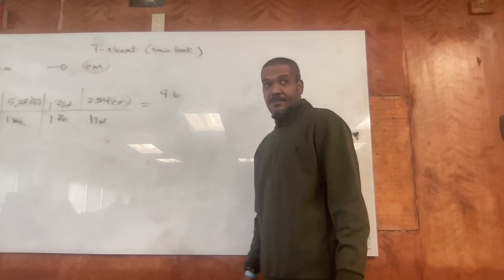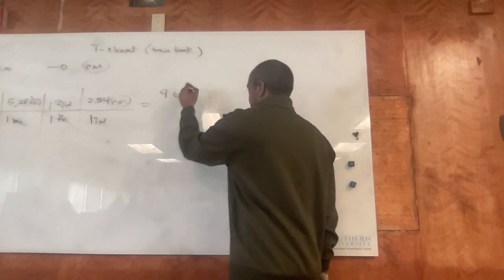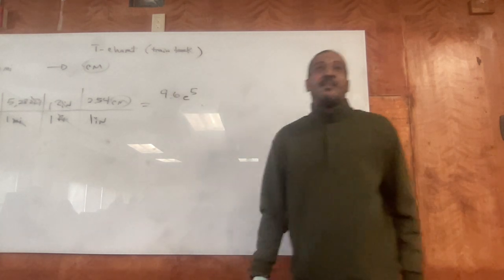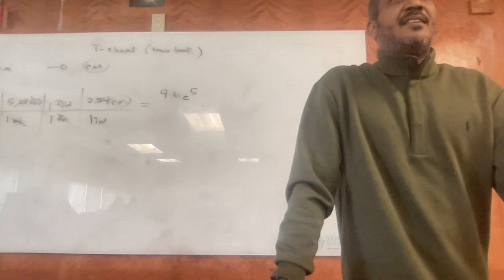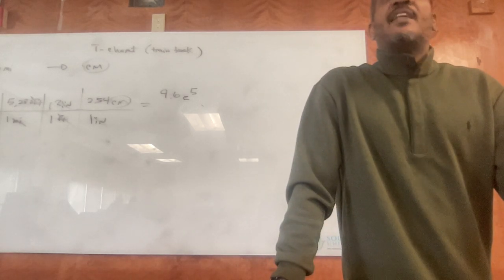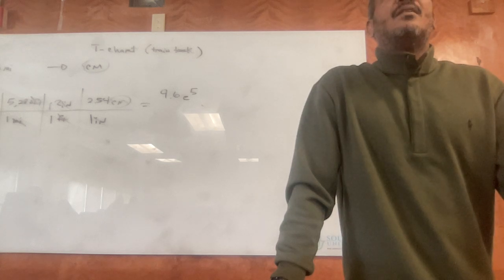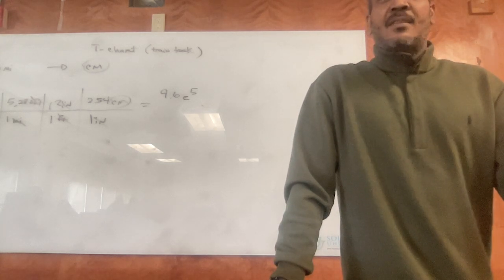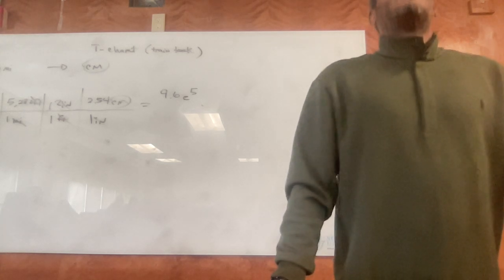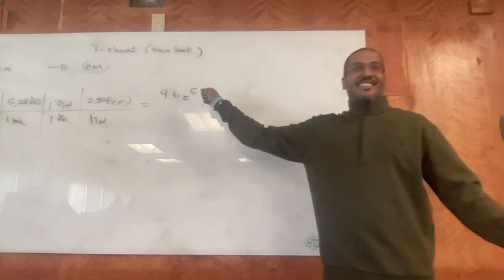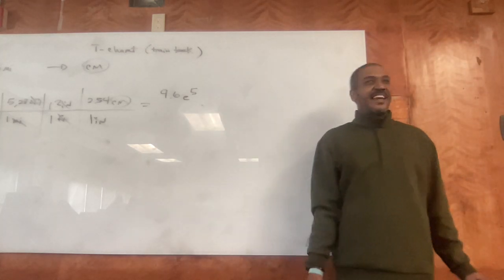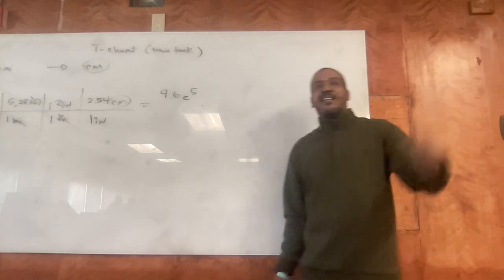Yes. Okay. 9.6 E to the 5. Wow. That's it. Okay, did somebody else get a different number? I got that. Okay. So then we have a 95% confidence that that is correct. Yes. Okay. Thank y'all. Have a nice weekend.